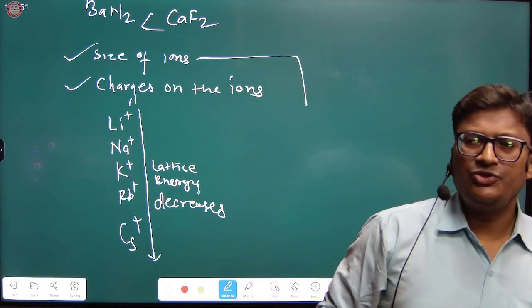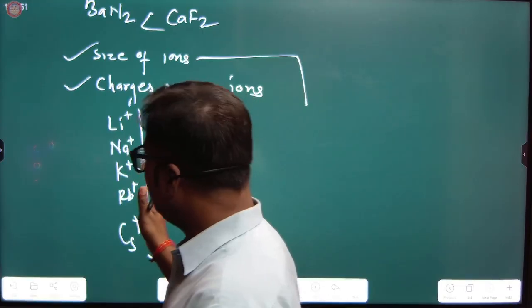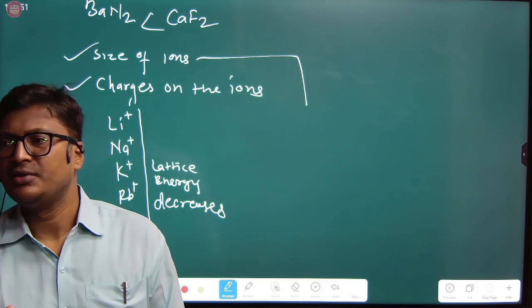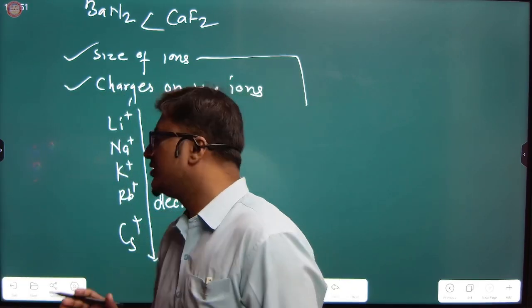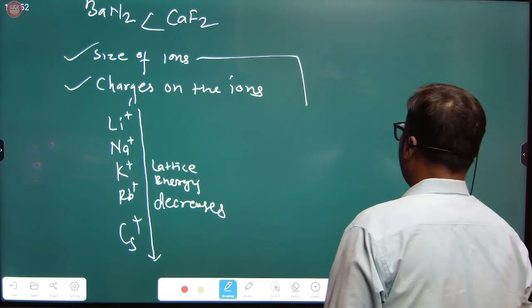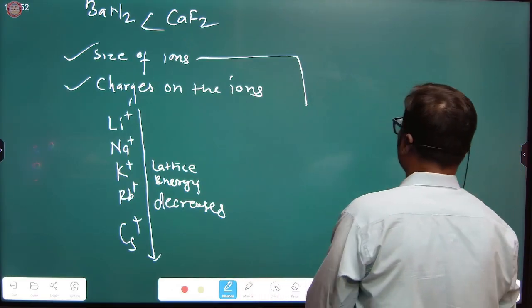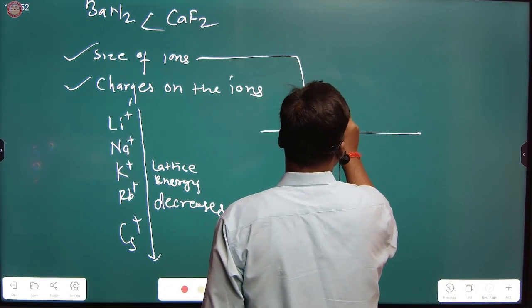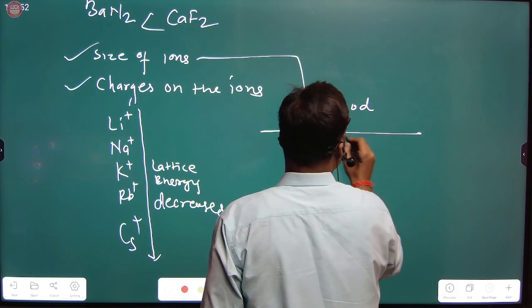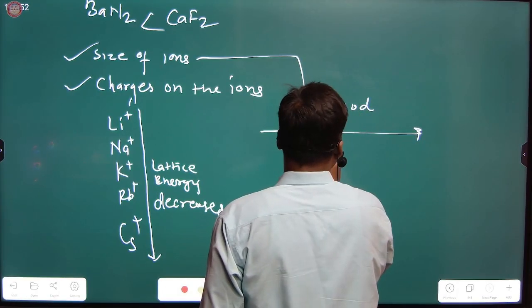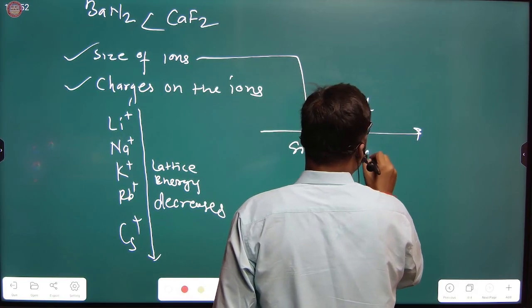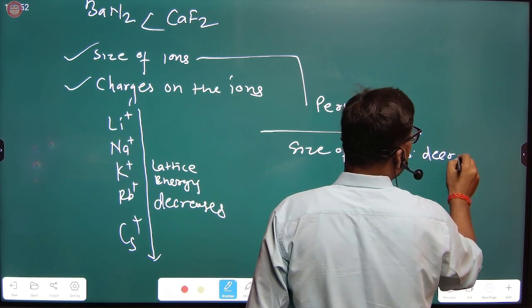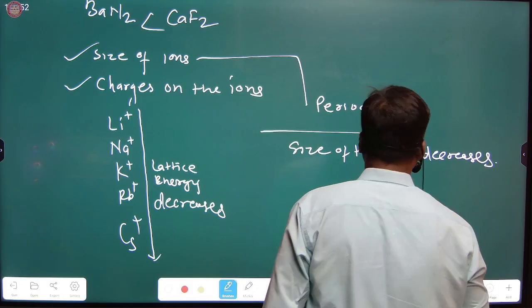But once you move from left to right, it means the size of the ions decreases, right? From left to right in a period, the size of the ions decreases, right?